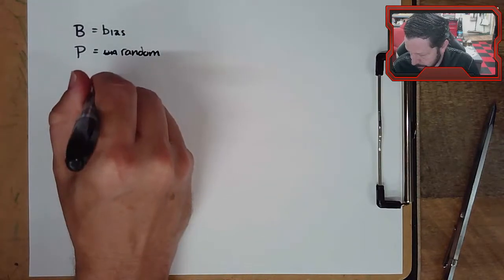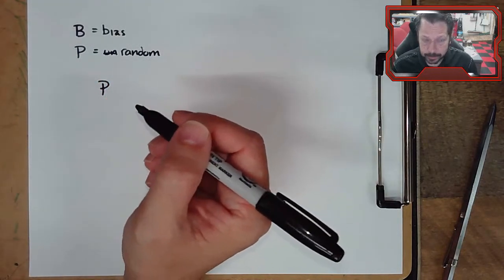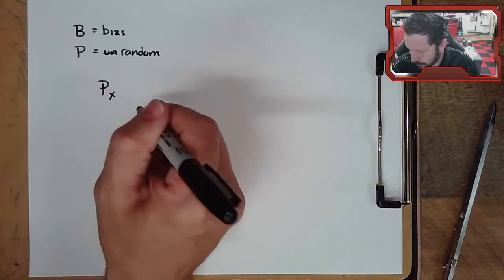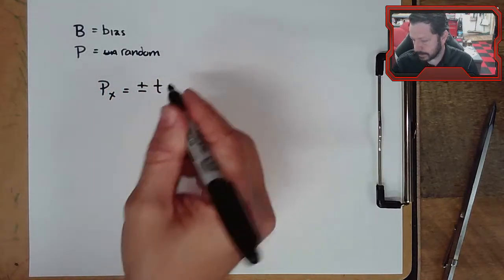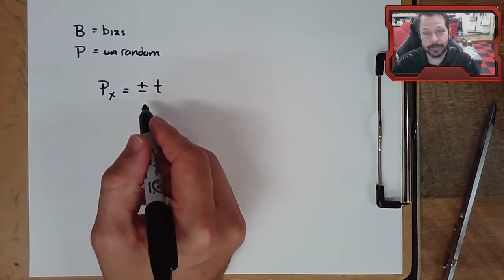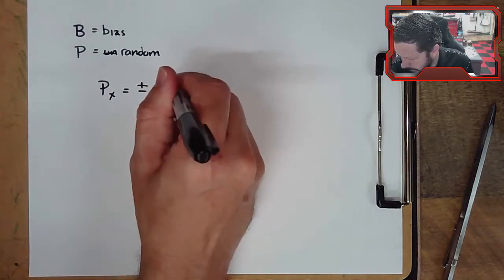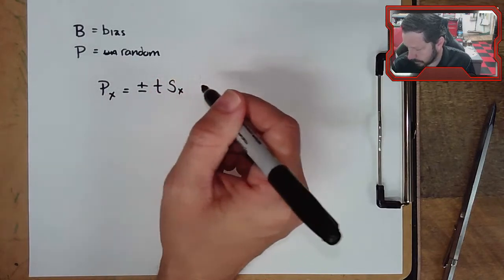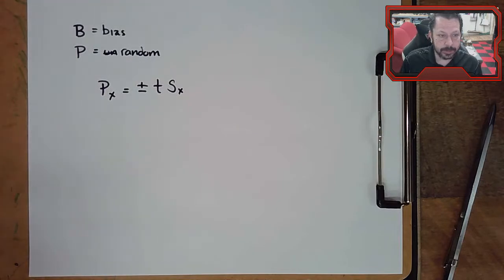So the random error, or the uncertainty in a single measurement, so if we took one measurement, is equal to plus or minus t, remember the t distribution for small sample sizes, 1 would certainly be a small sample size, times the standard deviation of that sample. So you would have to have some information about the standard deviation.